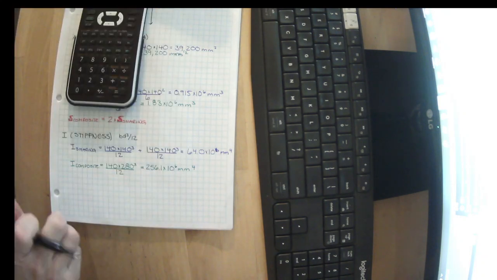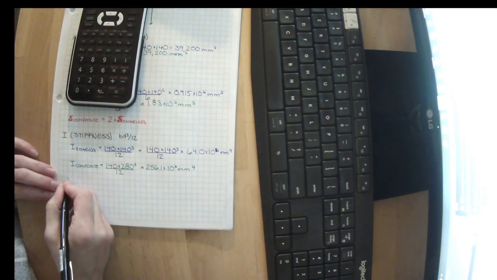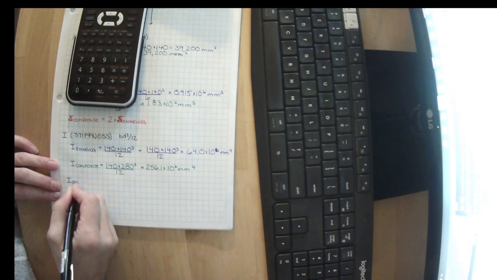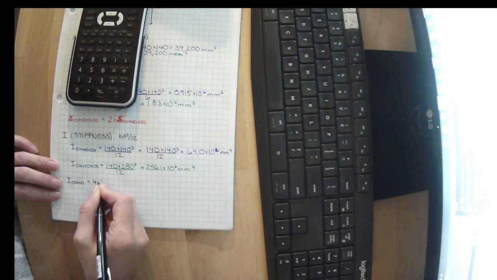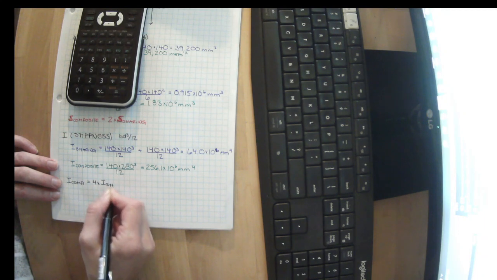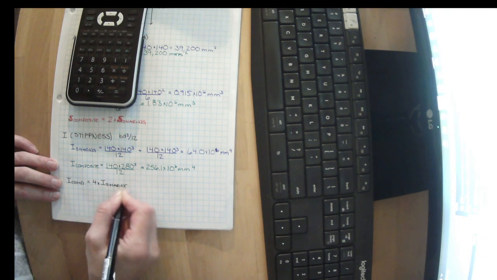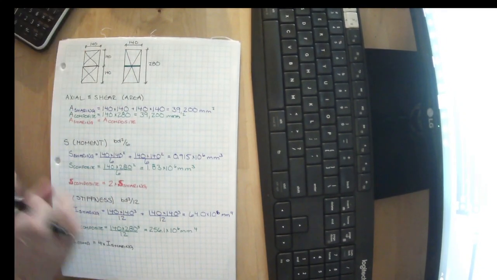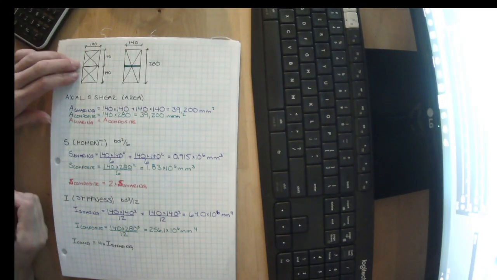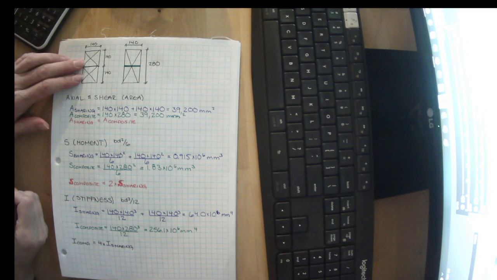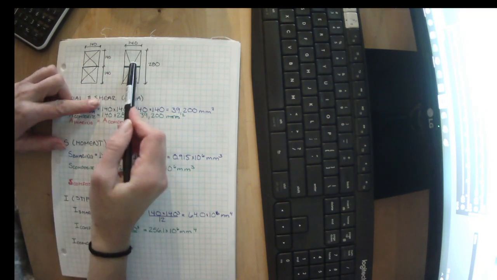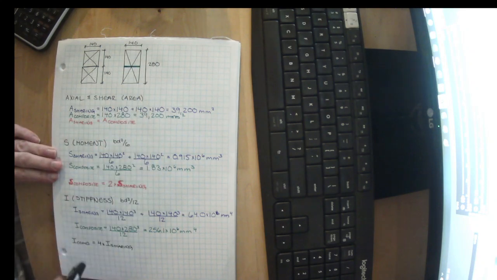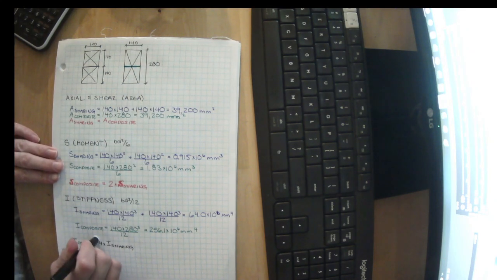So by making it composite, I composite equals 4 times I sharing. Making it composite, it is 4 times as stiff as having it load share. So that simple act of providing a bond there makes it 4 times as effective for stiffness.